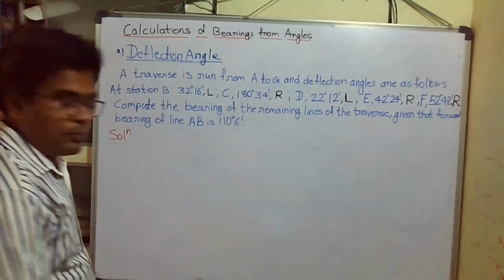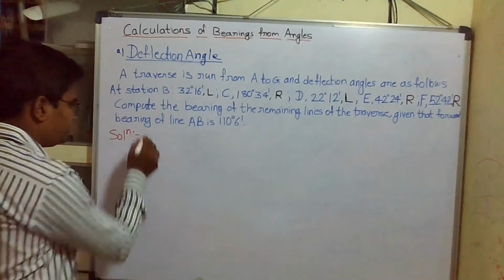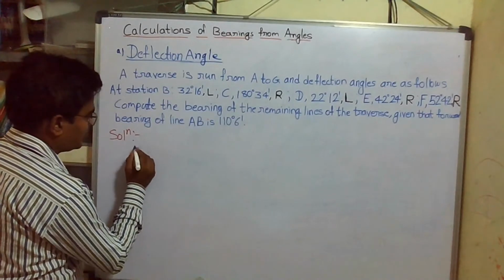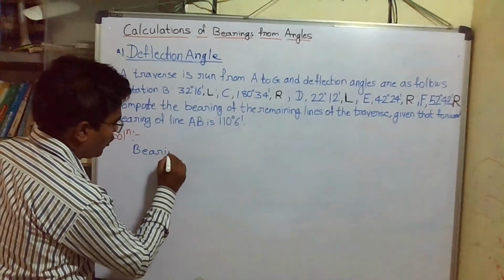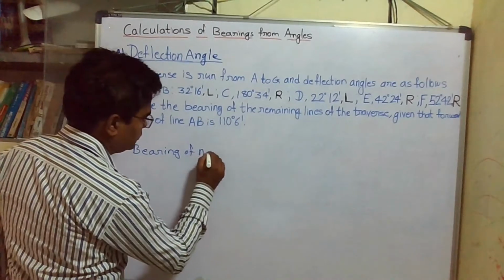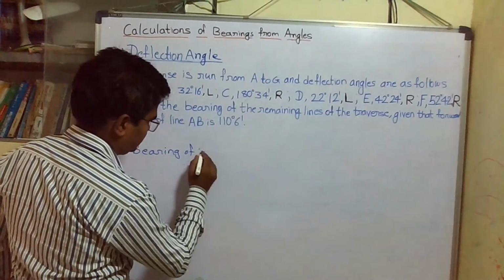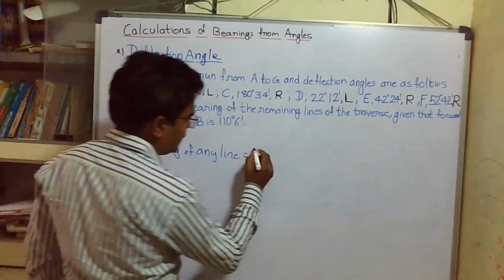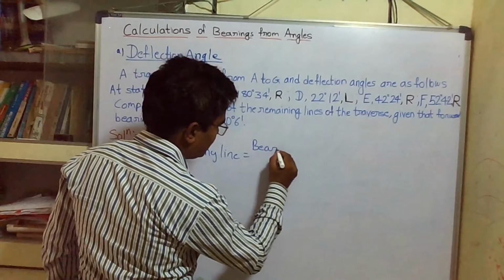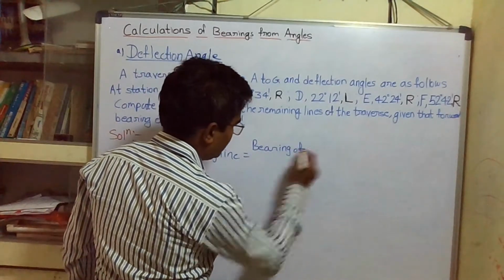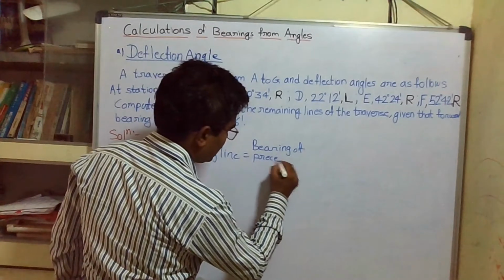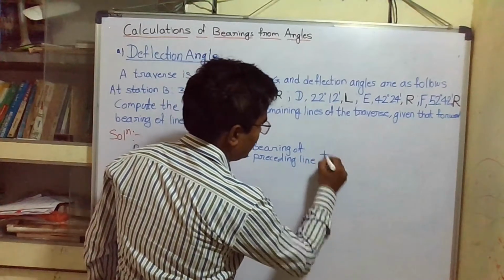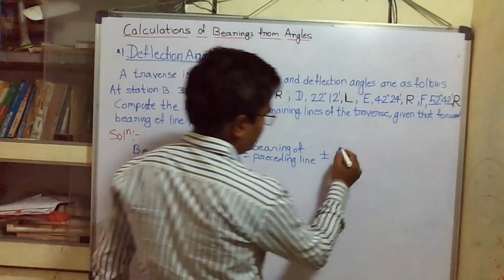So how can we find it out? Solution. Here we can find the bearing of the next line by using the formula: bearing of any line is equal to the bearing of the preceding line plus or minus the deflection angle.